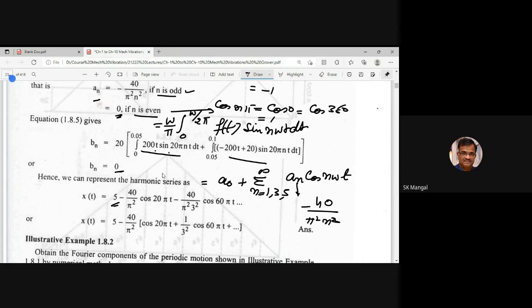So you can put the value of n as 1, 3 and 5, and you will be getting these equations. This is how you are converting a periodic motion into a series of harmonic functions. And once you have this series, you can apply it to our standard vibration analysis and find the forces because of every term. So this is all about this lecture class.